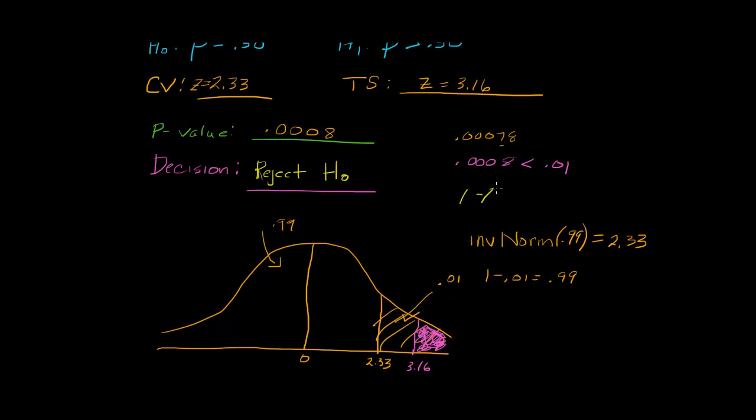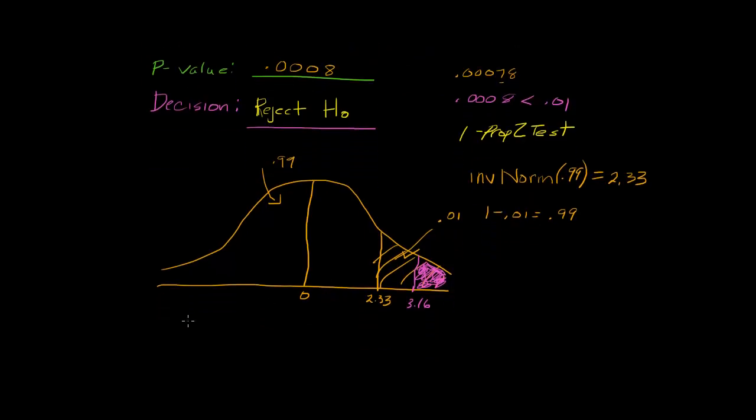Just to make a note, one prop for proportion, z-test. Remember, it was one prop z-interval for the confidence interval estimate for the proportion. So this is where we got the p-value and our test statistic. We draw a nice decision diagram here, and now we're ready to make a conclusion.